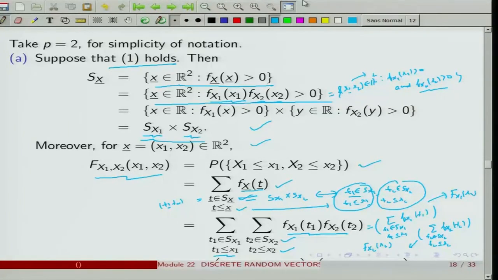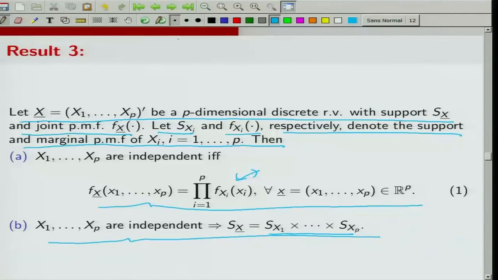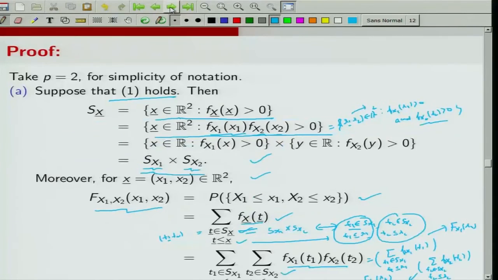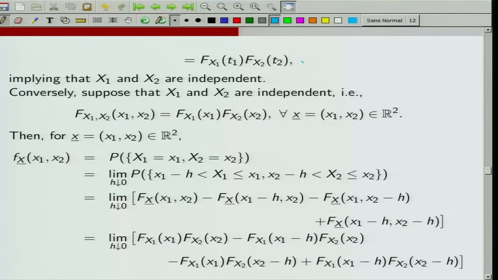So, what you get is the joint distribution function of (X1, X2) is the same as the product of marginals. Sorry, this would be x1 and this would be x2, which implies that X1 and X2 are independent. So, if the joint probability mass function is the product of marginals, then X1 and X2 are independent.